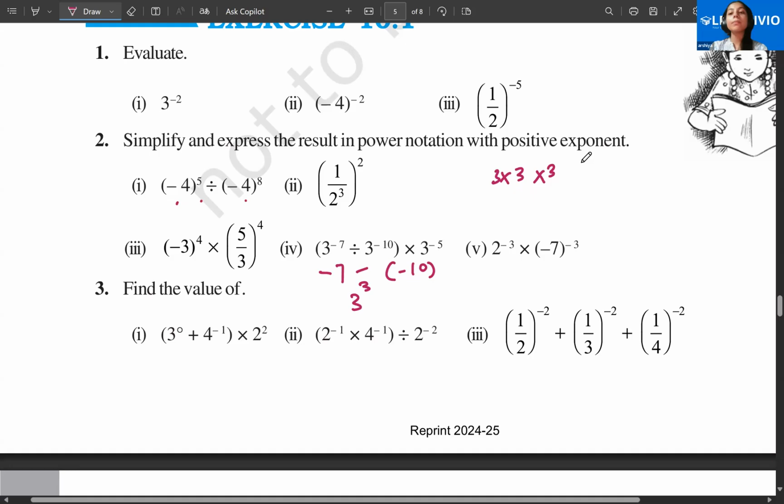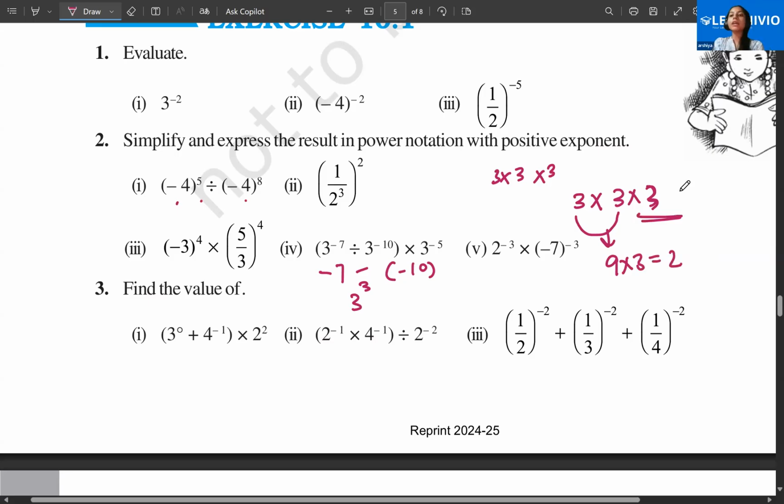Wait, let me tell you. I think you're getting confused in this. So 3 times 3 will be how much? 9. So now you will multiply 9 with the remaining numbers.